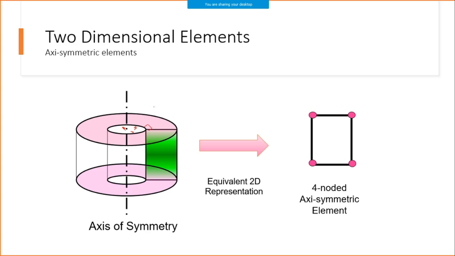To avoid this computational effort, I consider an axis about which the entire model is symmetric. That's what is called an axis of symmetry. This is one plane I can have. Similarly, I can have another plane, and one more plane.